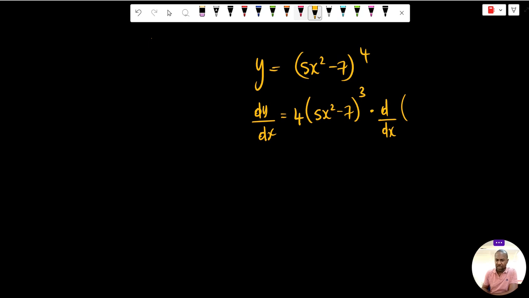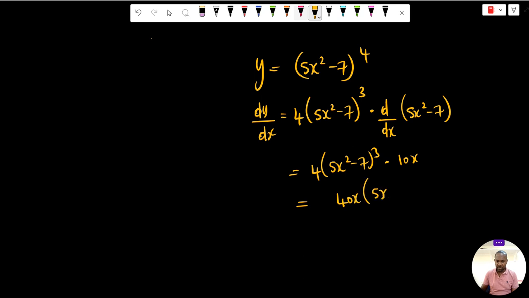So we have to multiply by the derivative of 5x squared minus 7. And so continuing, this gives us 4 bracket 5x squared minus 7 cubed times 10x, which gives us the same result we got earlier, which is 40x bracket 5x squared minus 7 all to the power of 3.